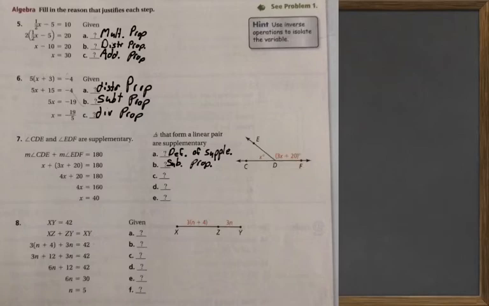Now you should be able to distribute. No. Add. Yeah, you take x and 3x.